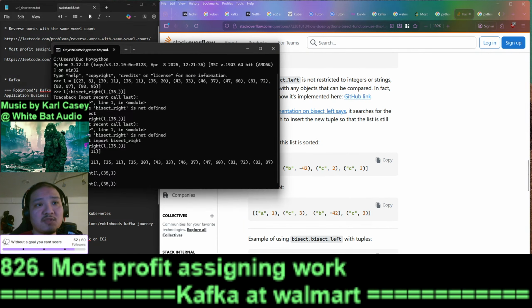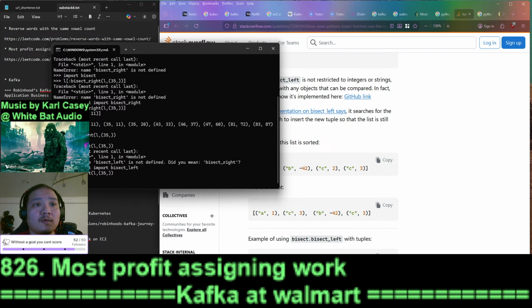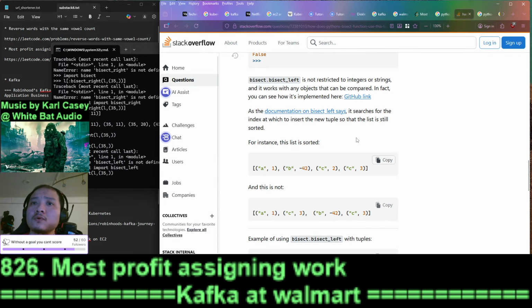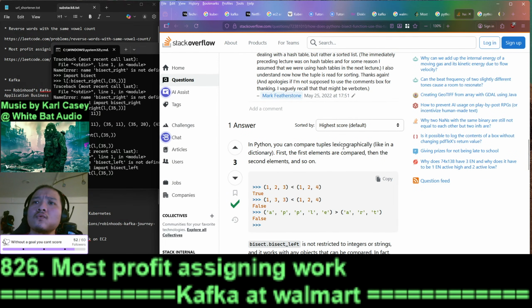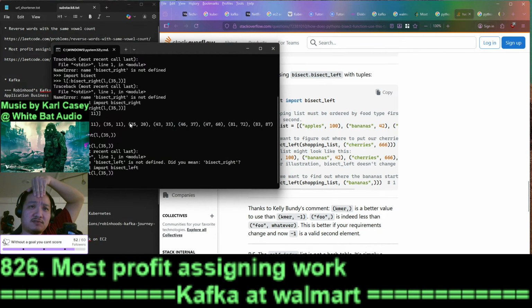Okay, so what does bisect left do? Isn't that it also gives me 2, right? What? Yeah. How do we make it return this?